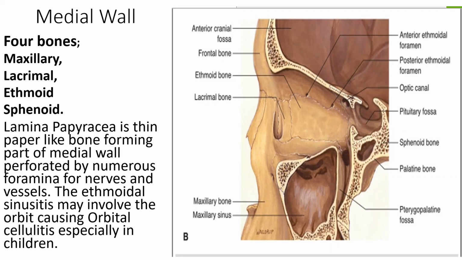The medial wall is made of four bones: the maxillary bone, the lacrimal bone, the ethmoid bone, and the sphenoid bone.